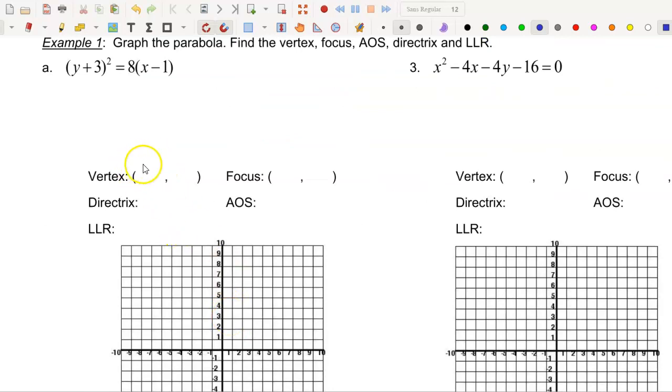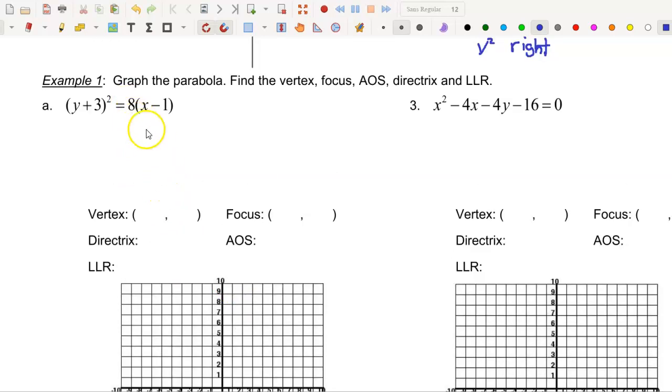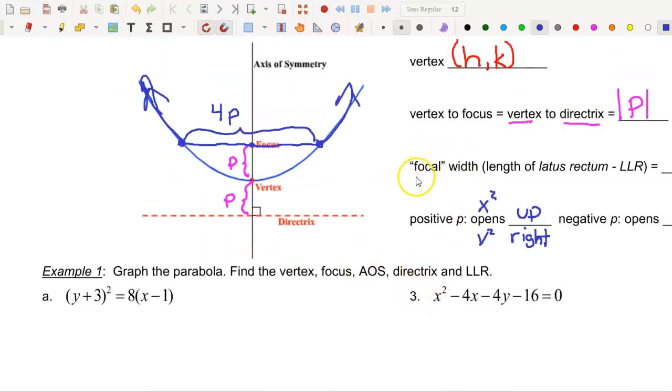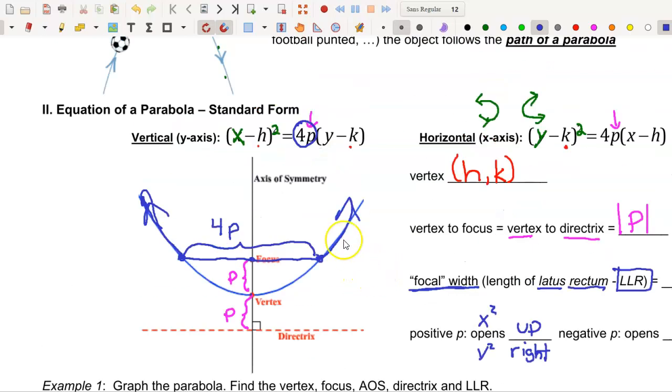All right, so that being said, we're going to go through, I call this the focal width. The Latin is called latus rectum, but we just say focal width. It's easier to abbreviate LLR. So when you see LLR, that's what that stands for. It's the focal width. AOS is the axis of symmetry, which goes down the middle of your graph.